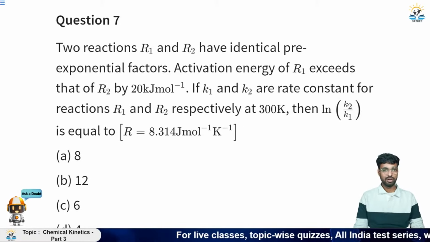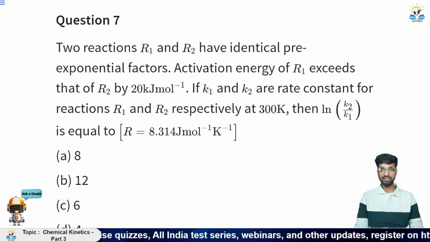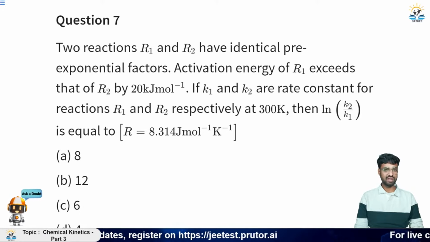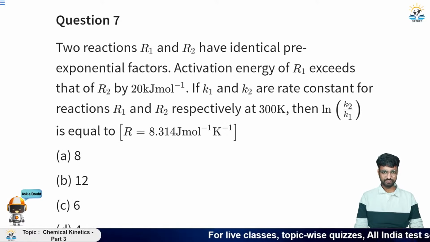Now the next one: two reactions R1 and R2 have an identical pre-exponential factor, that is, the value of A is similar for the R1 and R2 reactions. The activation energy of R1 exceeds that of R2 by 20 kilojoule per mole. So Ea1 minus Ea2 is given as 20 kilojoule per mole. If K1 and K2 are the rate constants, then what we have to find is ln K2 by K1.